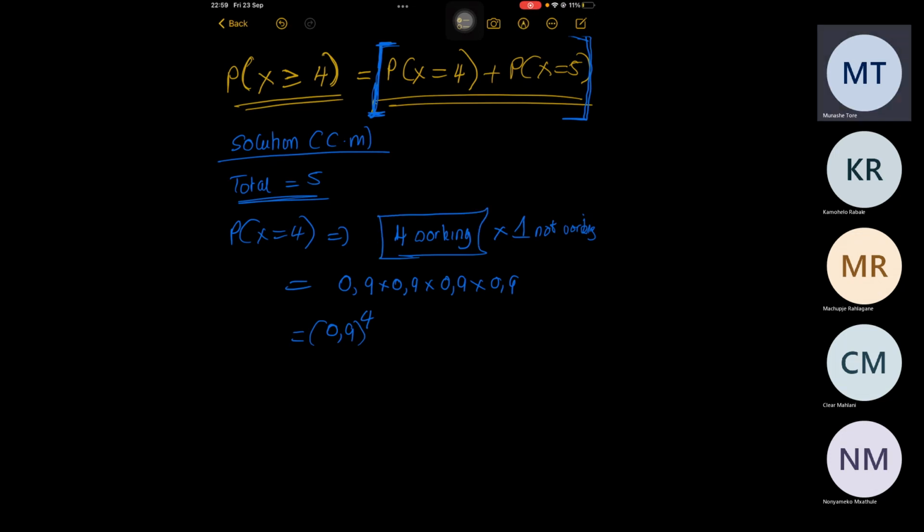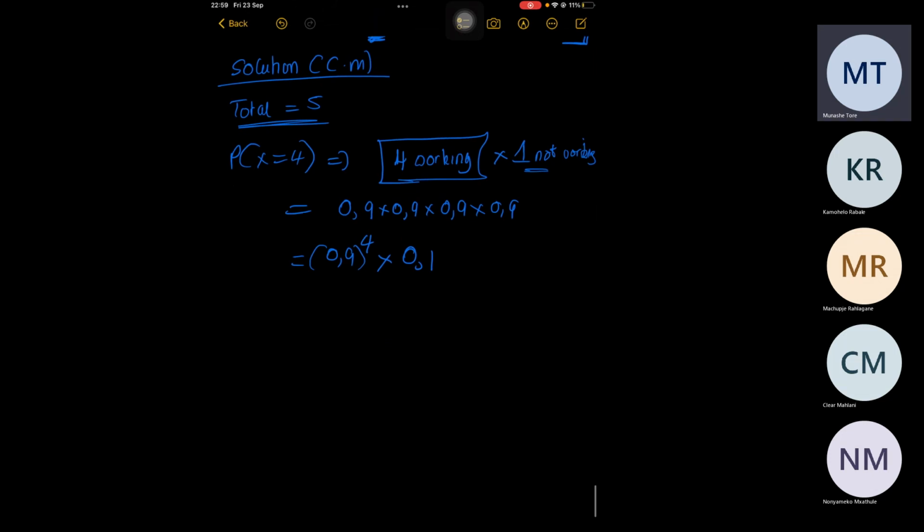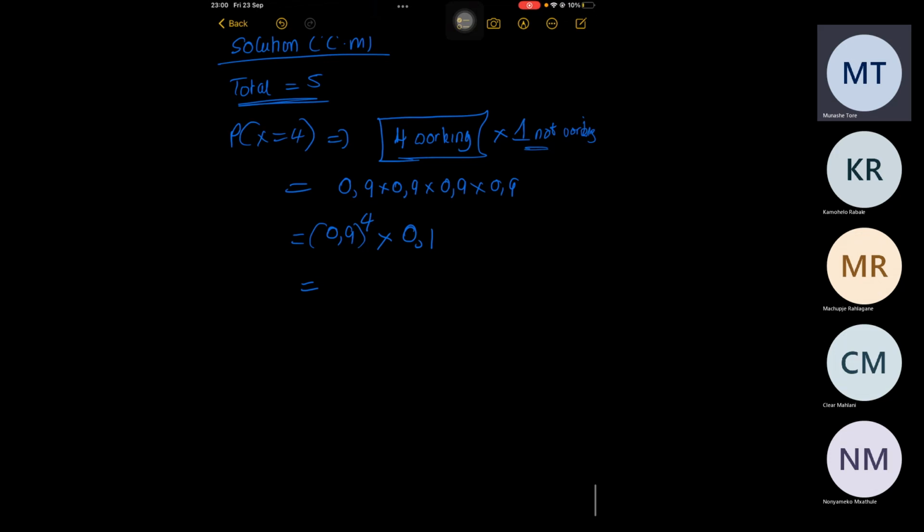Then times the probability of 1 component not working, which is 0.1. That's fine. So this is how you compute the first part of it. But now I feel like it's missing something.